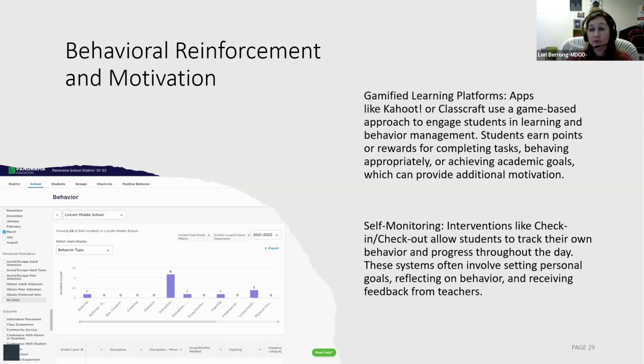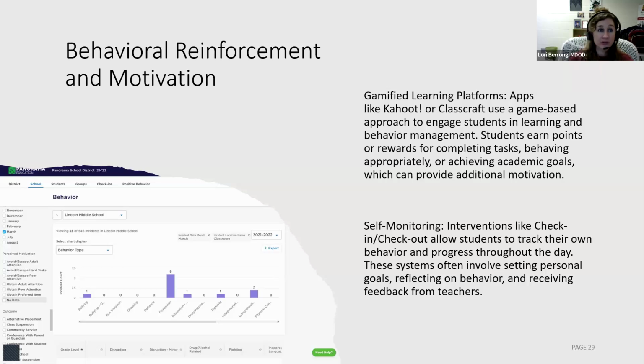Like I mentioned, that Google form, super low tech, easy to set up. There are interventions like check-in, check-out. That can be as simple as just a verbal interaction with the student. But it can also be something more complex. Panorama is one tool that is a far more complex tool, but it really does provide data around each student and the moments that they're doing well, those moments that they're having that dysregulation. So there's lots of different opportunities.